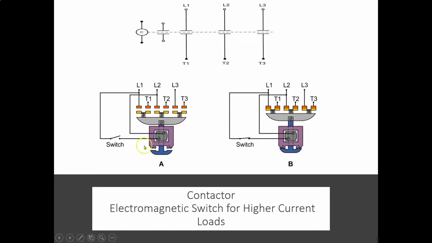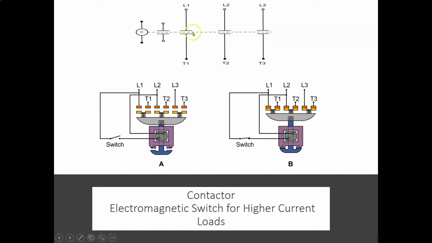So when the switch is closed, just like in this picture, the armature is going to move up, and these contacts are going to come in contact with each other, closing. As we can see here, we have a coil, and these normally open contacts are going to close.